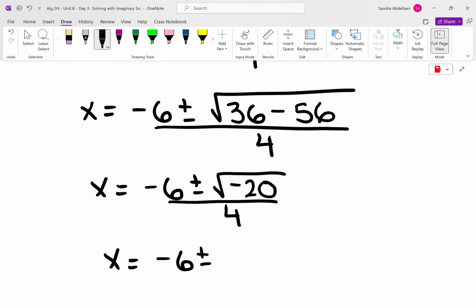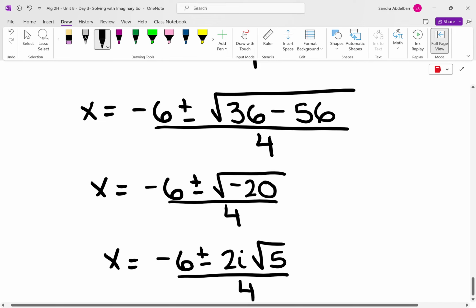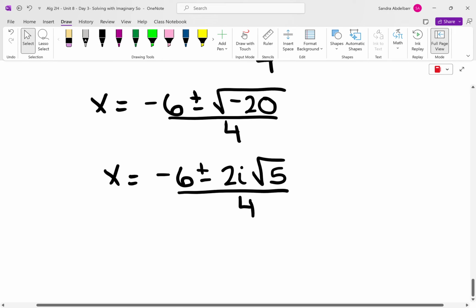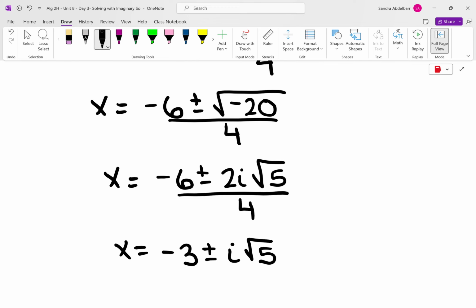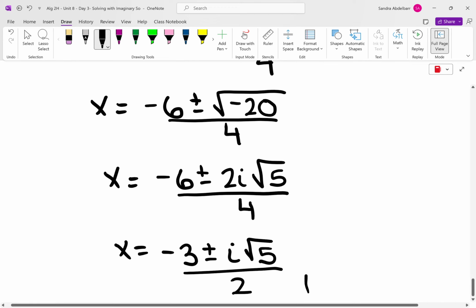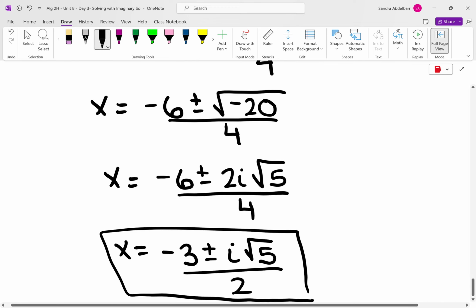So x will equal negative 6 plus or minus, I'm going to pull out an i, but then I could also simplify 20. So it's going to be 2i root 5 all over 4. Is this my final answer? No, because I can pull out a 2 and simplify. When I pull out a 2 and simplify, I'm going to get negative 3 plus or minus i root 5 all over 2.